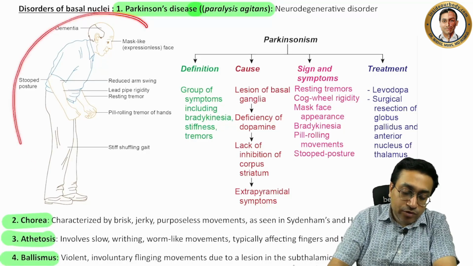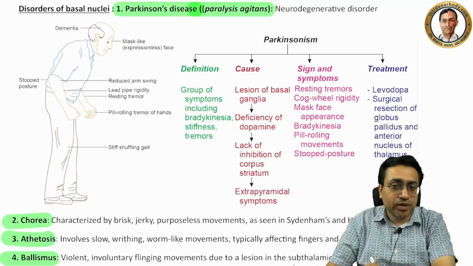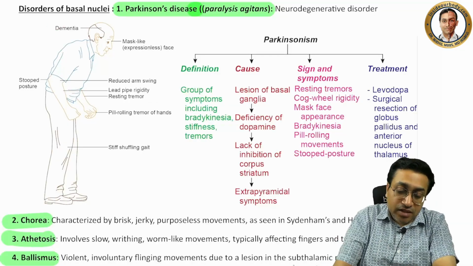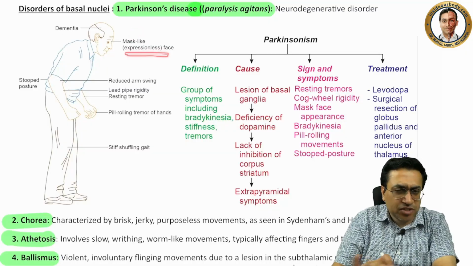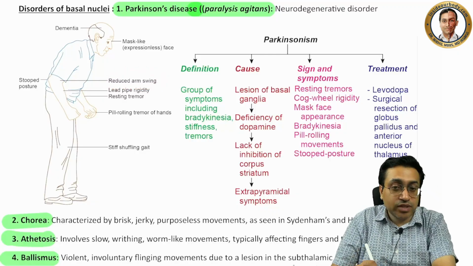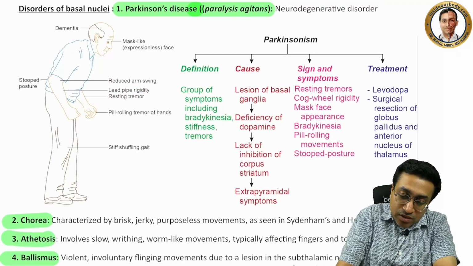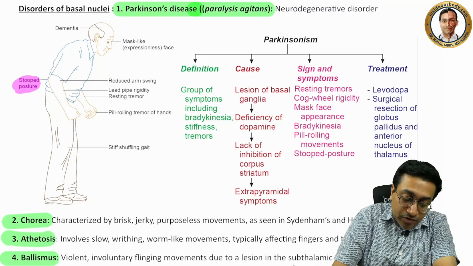Now see this beautiful image showing all these features of Parkinson's disease. Dementia, loss of memory, then mask-like, expressionless face. Then you have reduced arm swings. Okay, let me highlight the most important ones. The stooped posture is the most important one; the patient will be leaning forward.